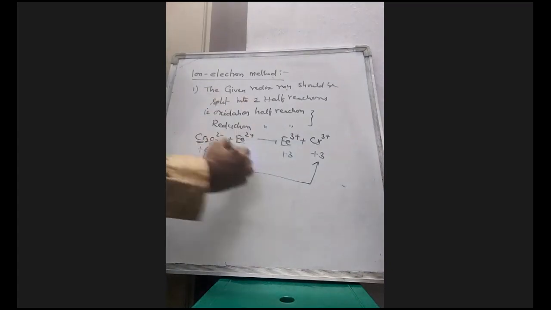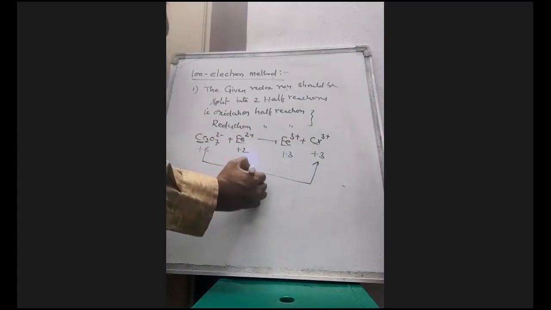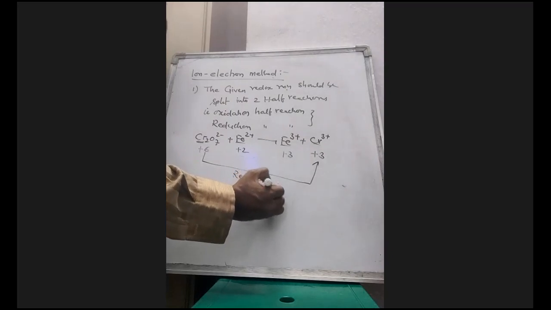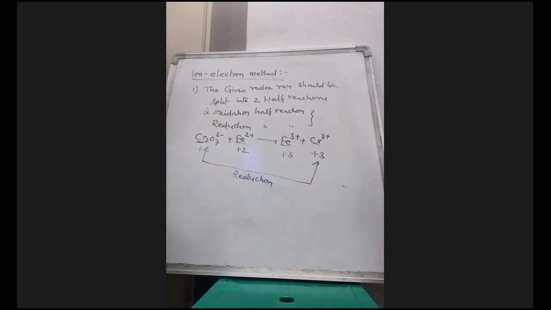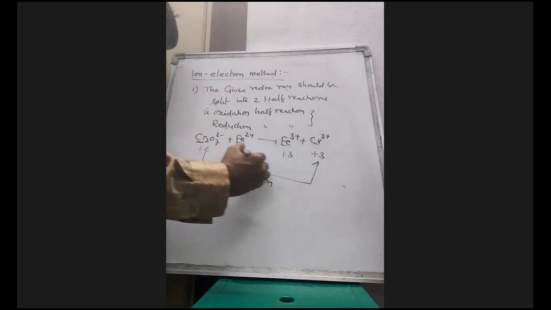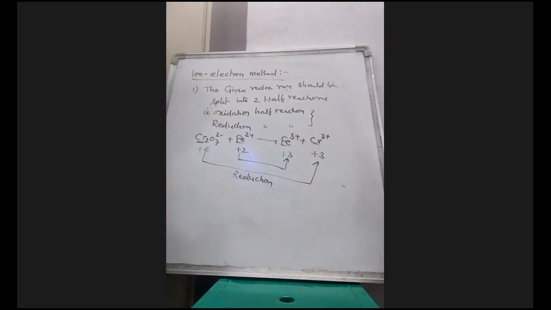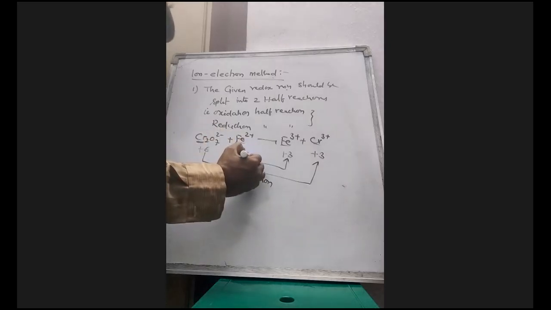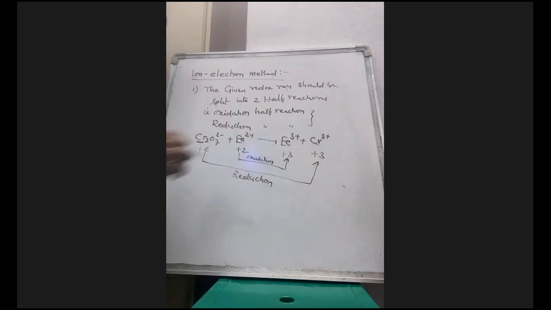That's why it is called the reduction half reaction. Whereas the oxidation state of iron is increased from +2 to +3. That's why this is called the oxidation half reaction.